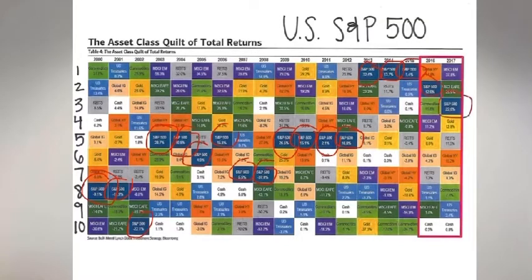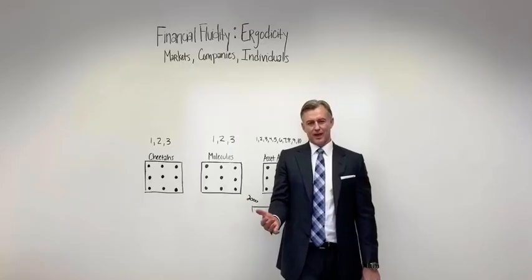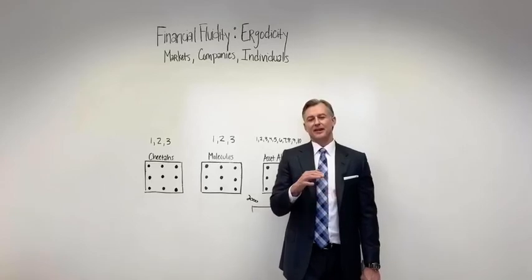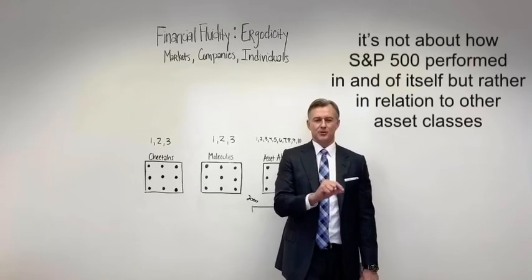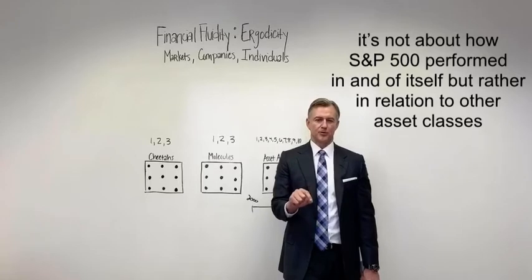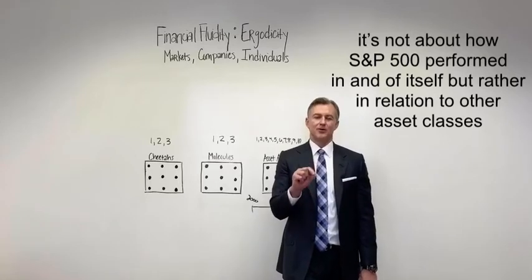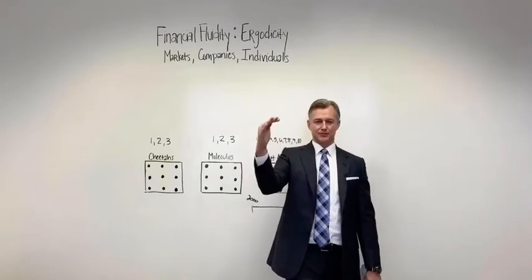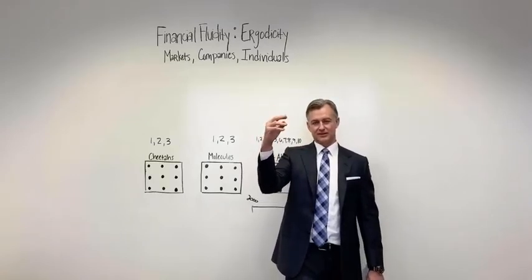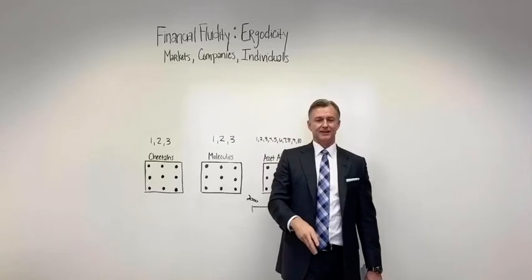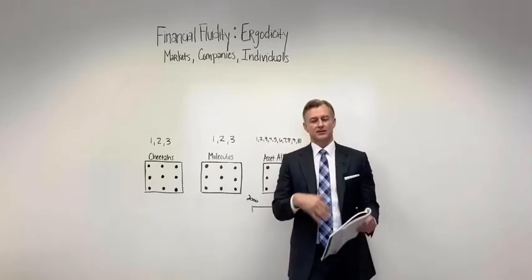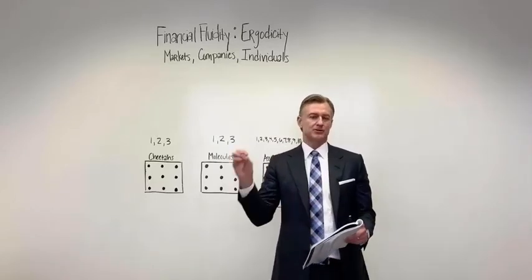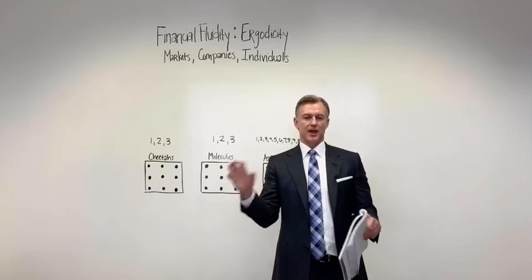Again, all over the place, kind of erratic, because it's not about how the US S&P 500 performed in and of itself. It's how it performed relative to the other asset classes. So the best performing relative to the least performing is a volatile pattern because of the added complexity. It's a geometric mathematical calculation when you add different elements like that.